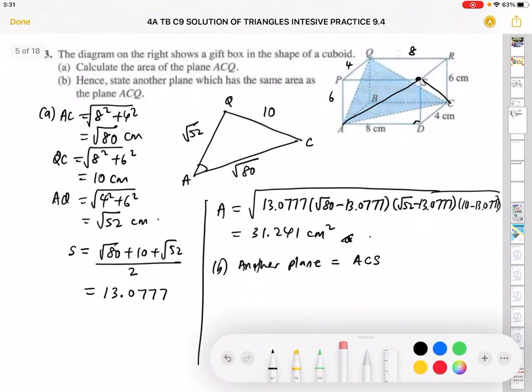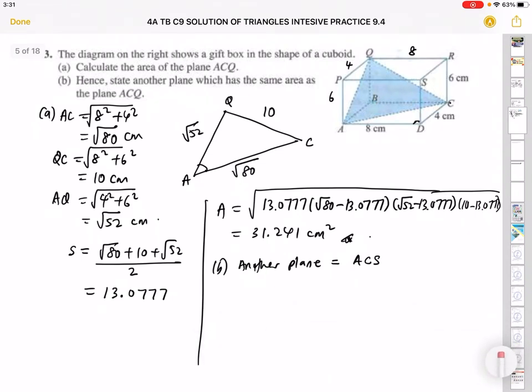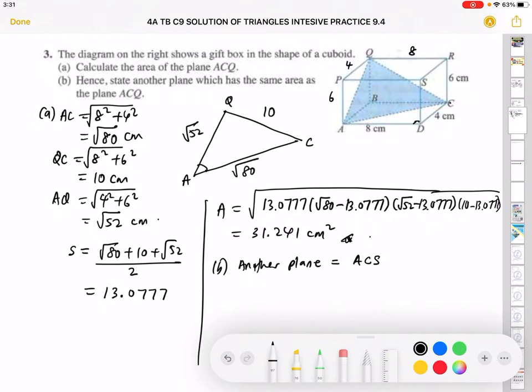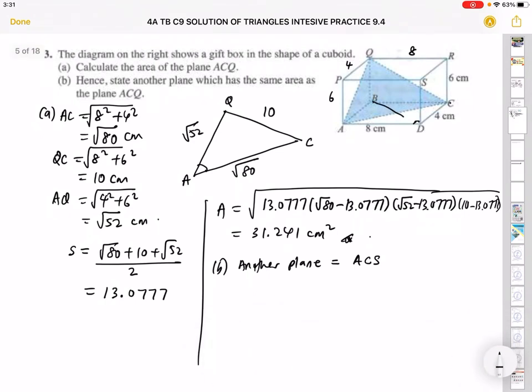We can actually change, for example, instead of using AC, I join BD together, because BD and AC are both diagonals of the rectangle, the same length. And then maybe I join B and R together, because BR and QC are equal in length.